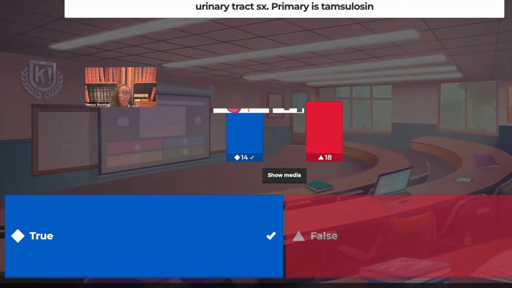It's going to relax that smooth muscle of the prostate gland and relax the neck of the bladder. PVR stands for post void residual. So after the patient urinates, they still have a lot of urine in the bladder. They're not able to get all of that urine out, and it's because of that prostate.